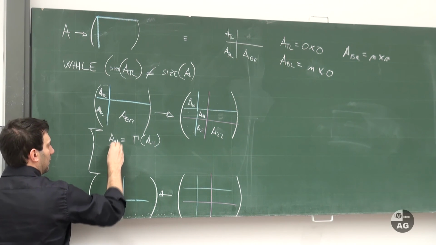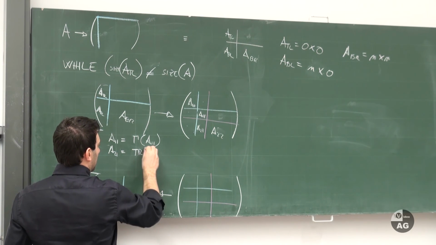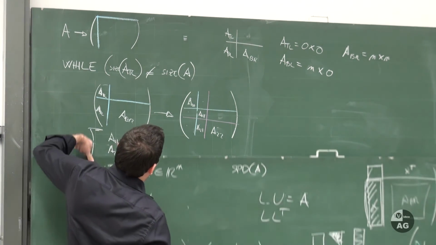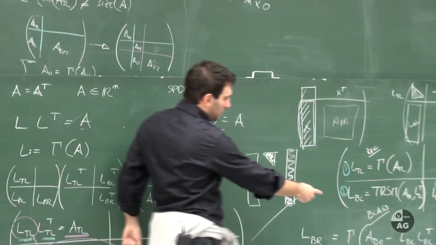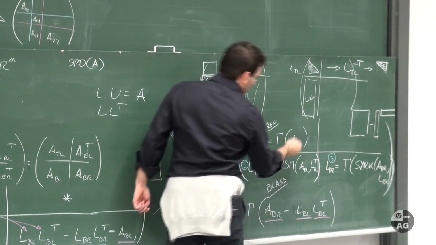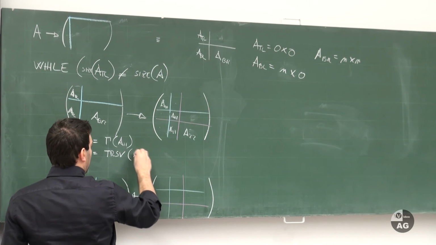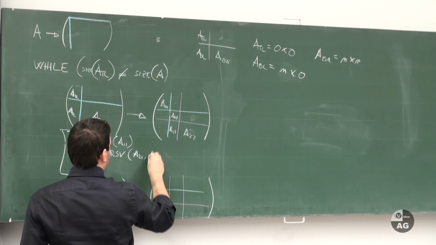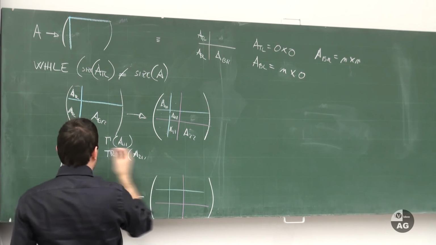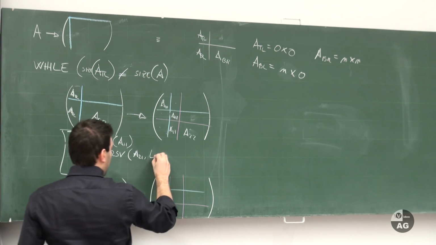Then I know that A21 should be a triangular solve with A bottom left and whatever I just computed. So triangular solve A21, L11.